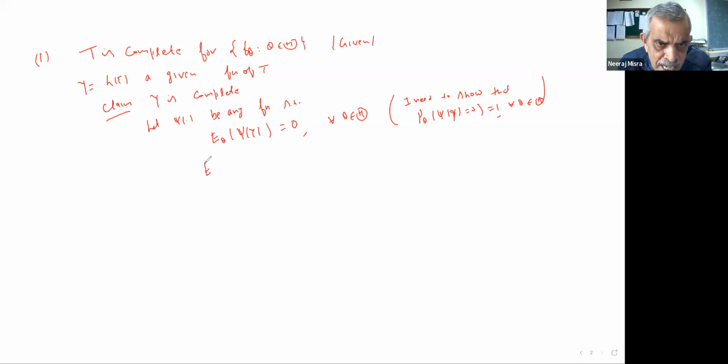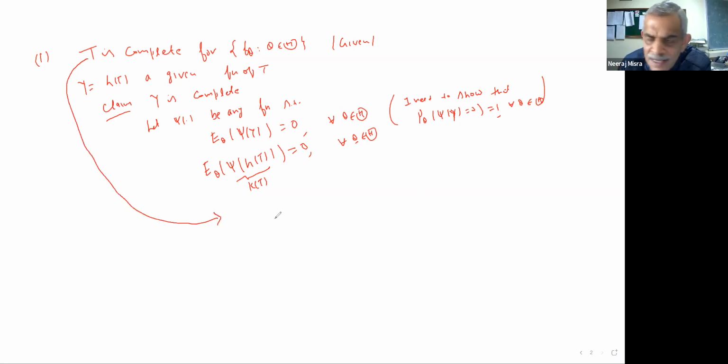No, expected value of psi of Y is 0. What does that mean? The expected value of psi of H of T is 0 for every theta belonging to theta. I can consider this psi of H of T as K of T, where K is a function which is a composition of psi and H. What do you have now? You have a function of T whose expected value is 0 for every theta. I use the fact that now T is complete.